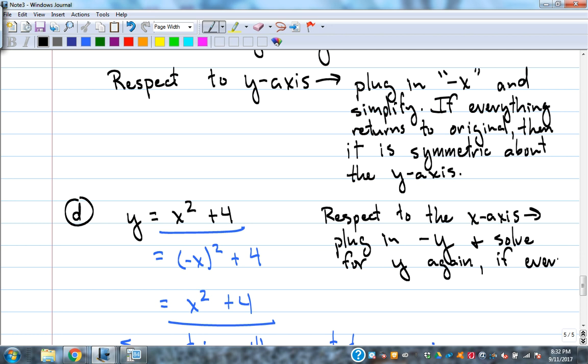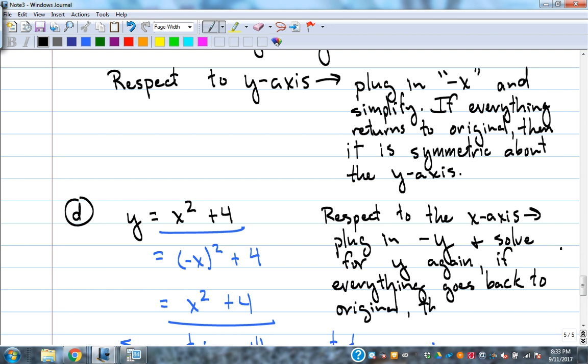If everything goes back to original, and guess what? It's symmetric to the x-axis.